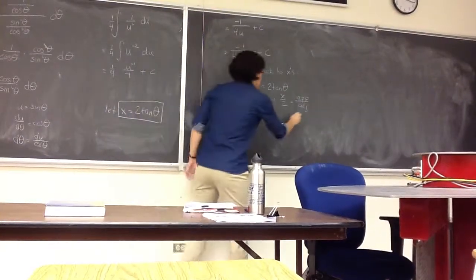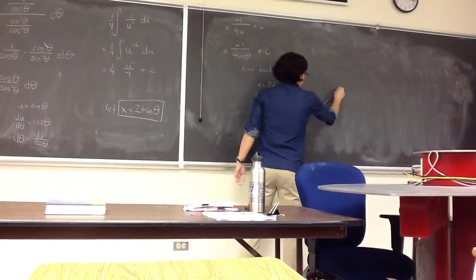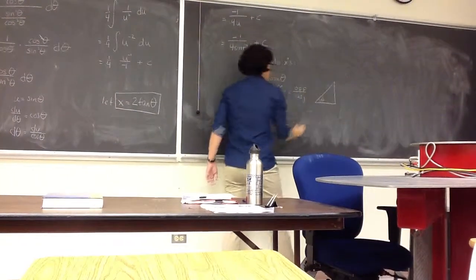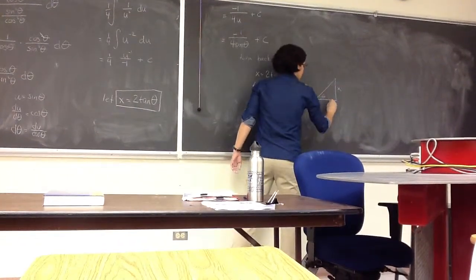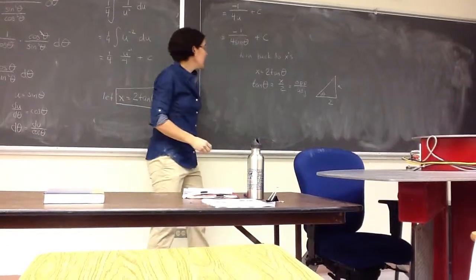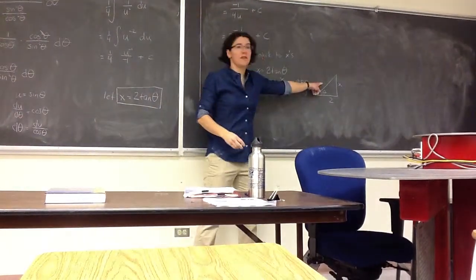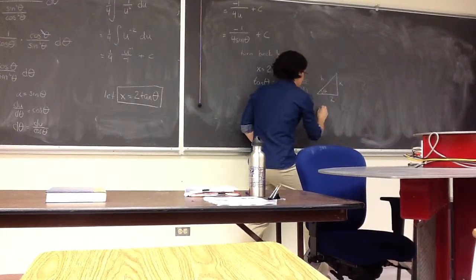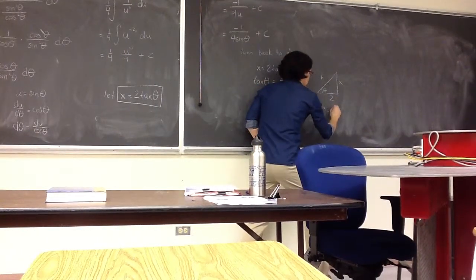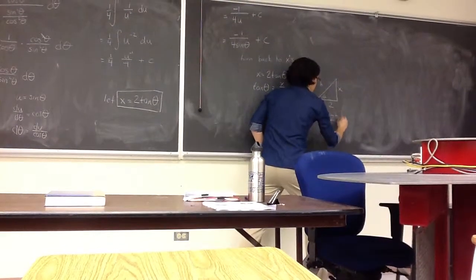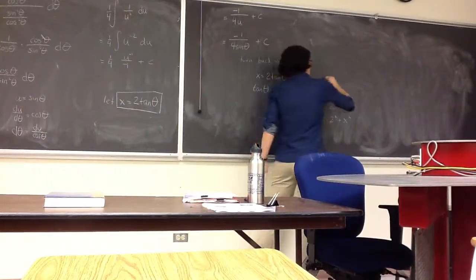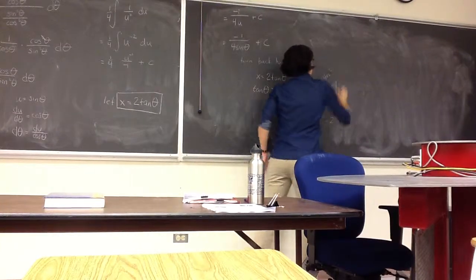And so if I draw a picture of my triangle, my opposite side is x, my adjacent side is 2, and so now my hypotenuse, I call that h, h squared is equal to 2 squared plus x squared, so my hypotenuse will be 4 plus x squared.